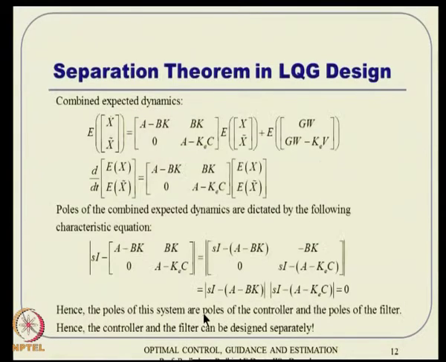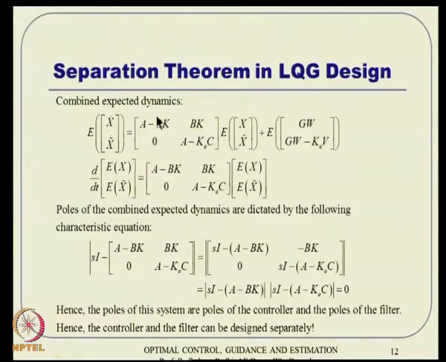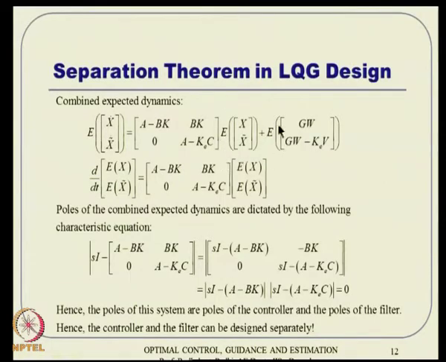Okay. So, if you see the expected value of the error dynamics now, because everything happens, these are all random white noise and all that, remember that. So, we can't talk about this dynamics per se, but remember these are zero mean white noise and all. So, if you take expected value of that, this is nothing but expected value will come here, because this is a constant matrix. Remember these are time invariant linear system, LTI system. So, expected value will come directly here, because it is a linear operator.